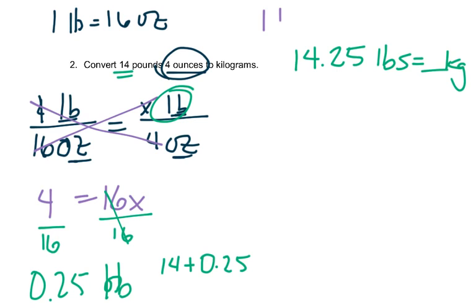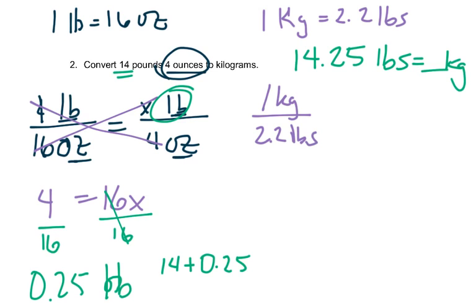Remember that 1 kilogram is 2.2 pounds. So we'll start by writing that. 1 kilogram is 2.2 pounds. We want the kilograms. We're trying to find that. We don't know that. And we just need to make sure that the kilograms are lined up across from the kilograms. We have 14.25 pounds. We're going to put that across from the pounds.